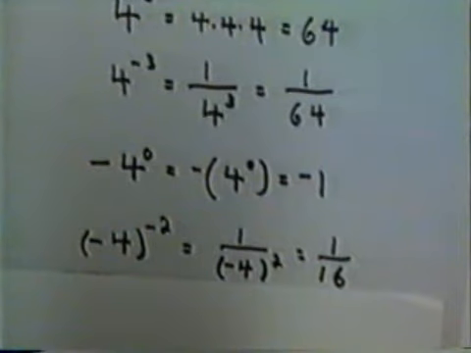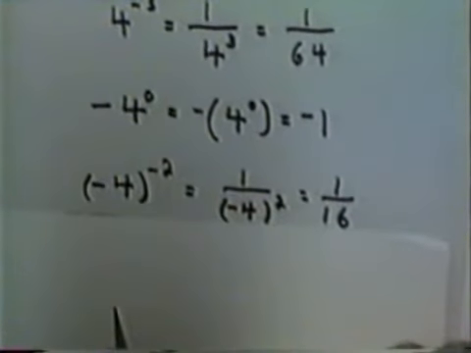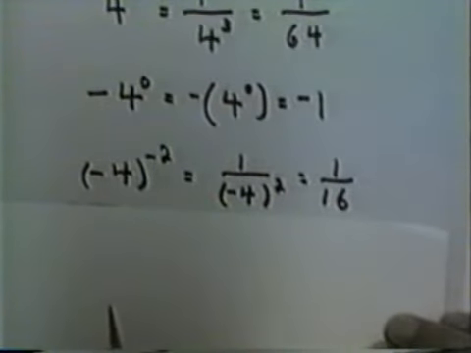Now in this case, we do have the parentheses, and the negative is inside the parentheses. In this case, the negative is part of the base. So if you have negative 4 to the negative 2, you take the reciprocal of the base, negative 4. So it would be 1 over negative 4 squared. Now negative 4 squared means negative 4 times negative 4.